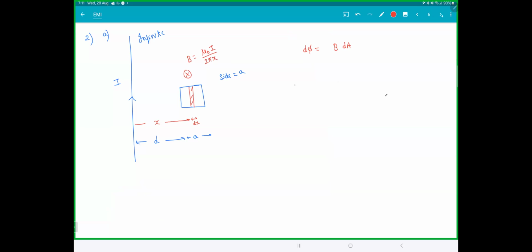That is the field due to infinite wire. So flux will be integral mu naught I by 2 pi x into a dx. Limits will go from d to a plus d. This was easy. Mu naught I by 2 pi a ln of (a plus d) by d. I hope that was clear, everyone.